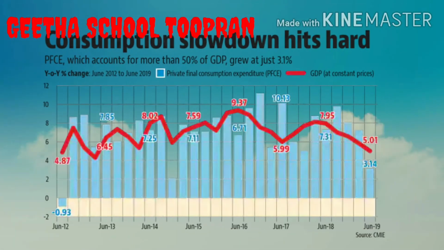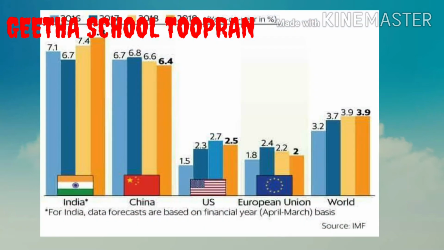See, so far we know how the size of GDP has increased over the years. You know that every year the production of goods and services is increasing. According to the increase in production, the GDP growth rate is also increasing.